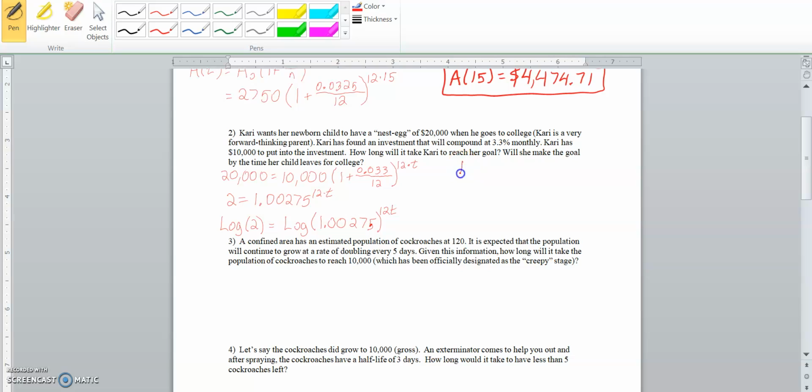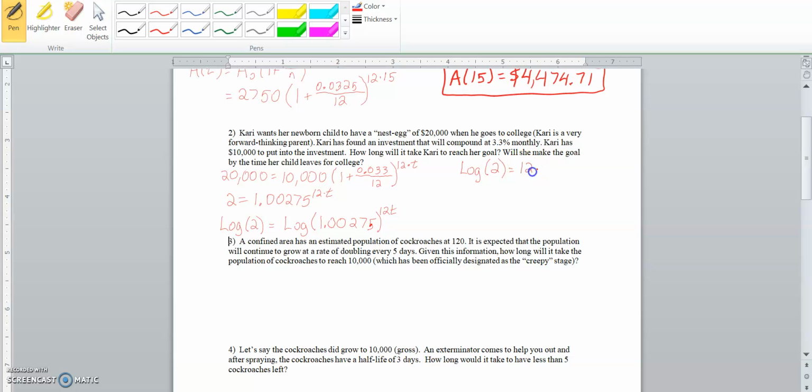So if I rewrite it, it just looks like log of 2. By the way, if there's no base number written, it's assumed to be 10. But we've already established that a while back. So now I get to write 12t out front.